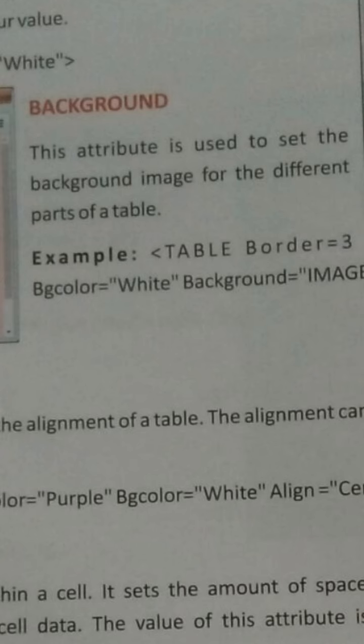Here the same thing, the background attribute can also be used in the table tag. If we write the background attribute in the table tag, then the specified picture will come at the background of the table.